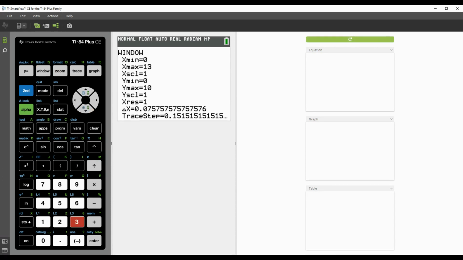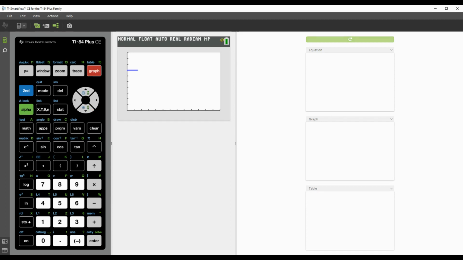And then in terms of y, I'm trying to figure out when it's going to reach 7 billion. So I need to go at least as high as 7. Now I see that it's already at 10. I'm going to go ahead and leave it there. That way I can definitely see the whole graph. So I hit graph, and there's my y equal to 7.